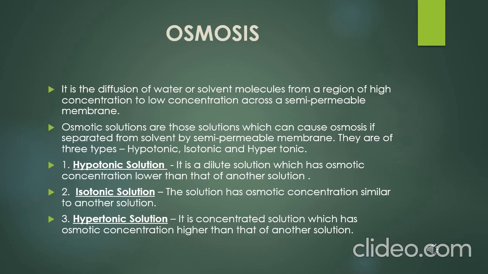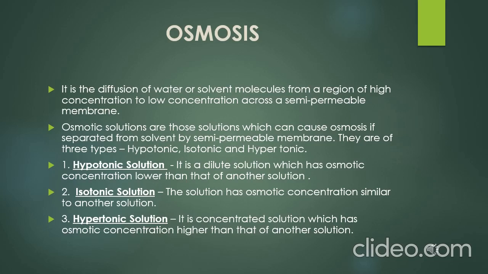So the water or the substances move from outside the cell to inside the cell and will cause swelling of the cell. So this is the first type of osmotic solution, known as hypotonic solution.